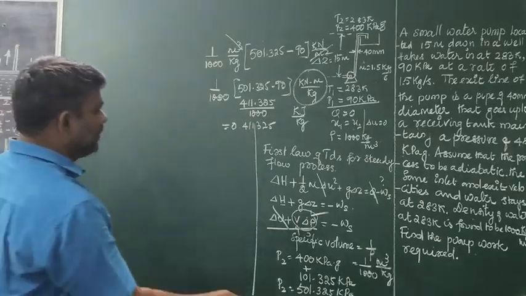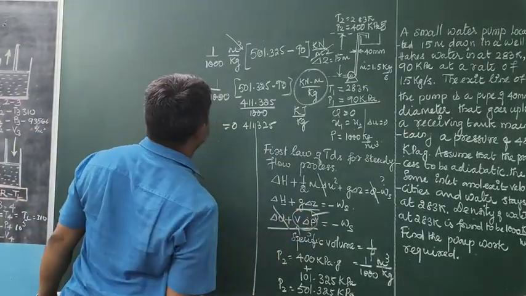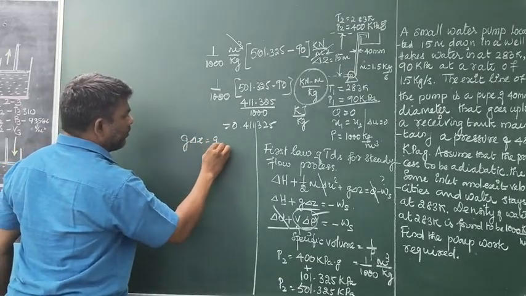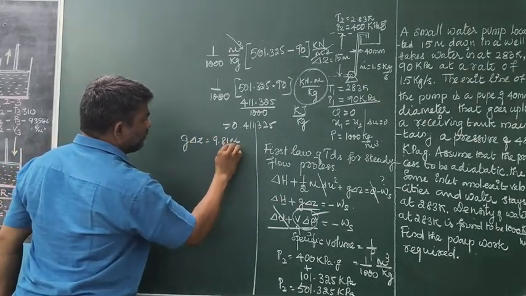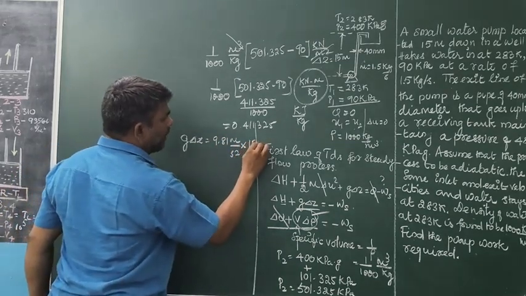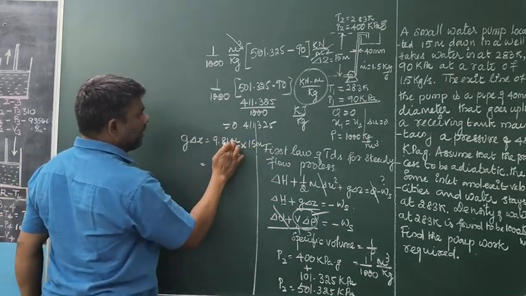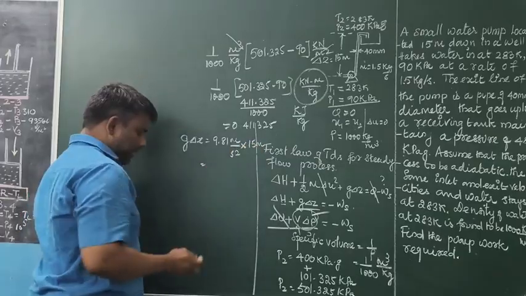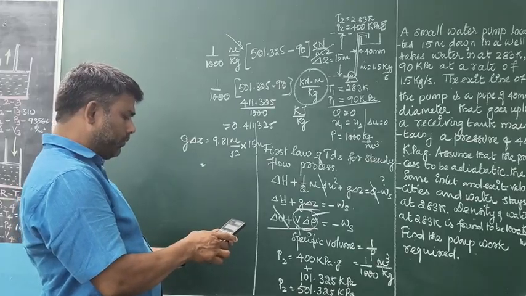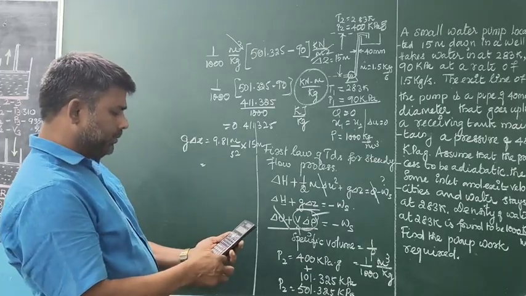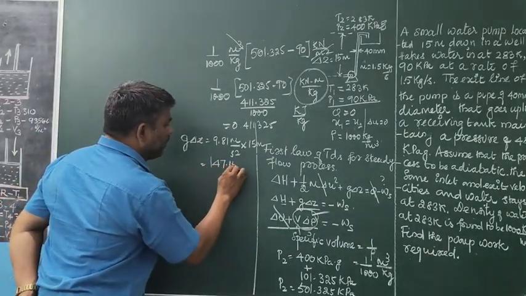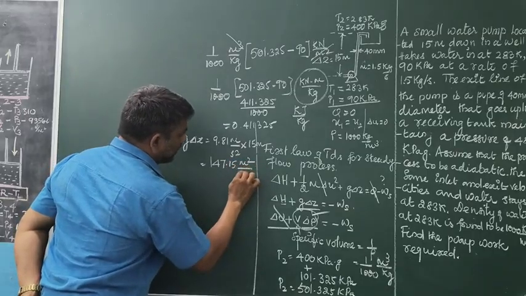What next? g del Z. So g del Z is equal to 9.81 meter per second square into del Z, which is 15 meter. 9.81 into 15 is equal to 147.15 meter square per second square.